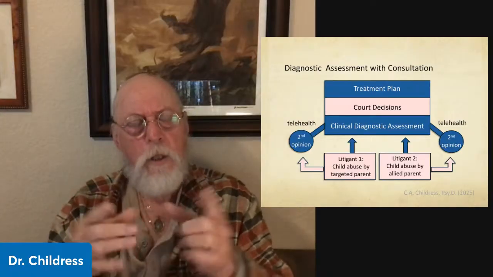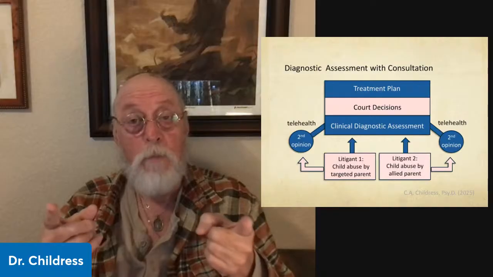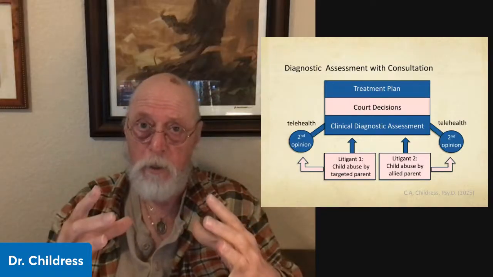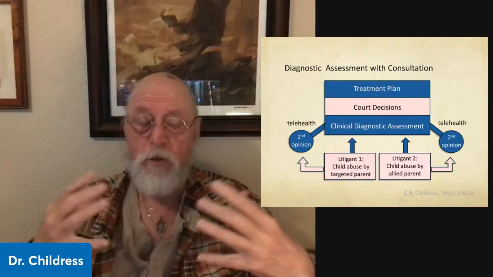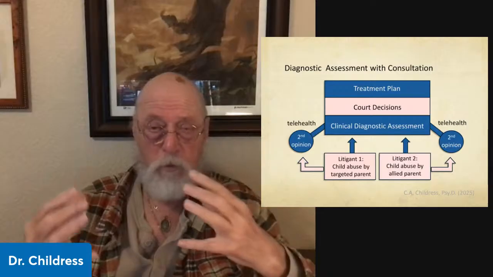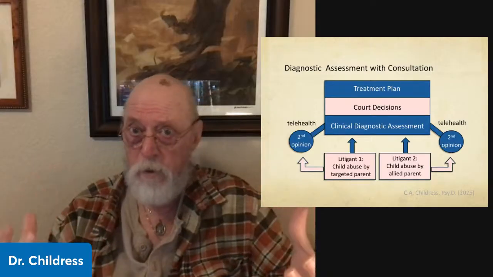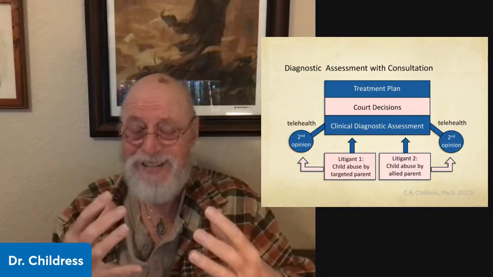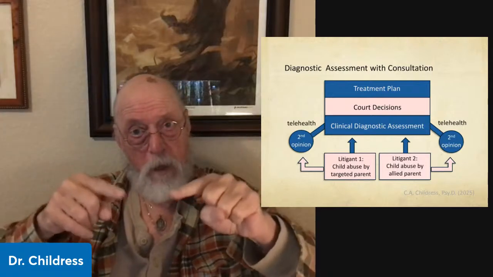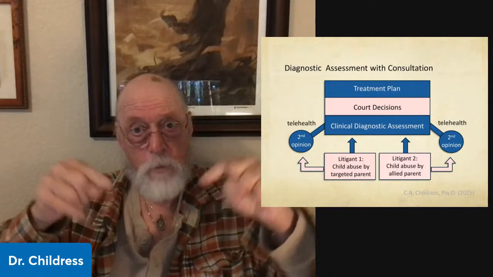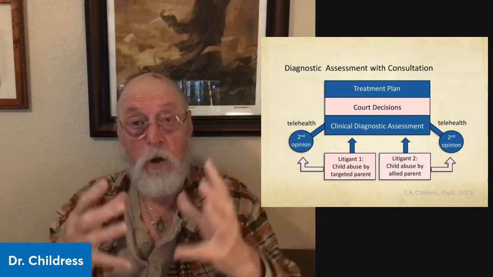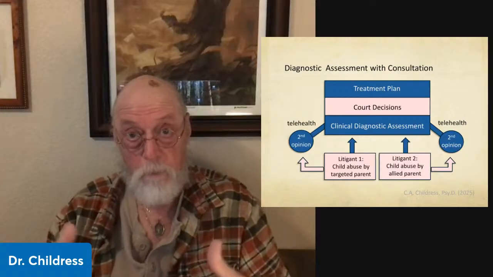Then each litigant parent is allowed to appoint a second opinion through telehealth on that initial assessment. Any treatment begins with diagnosis. So there's going to be an intake interview with the family about what the pathology is. During that intake interview, each litigant parent can have a mental health consultant in cyberspace, through telehealth, sitting in and offering a second opinion on the diagnosis and treatment plan.